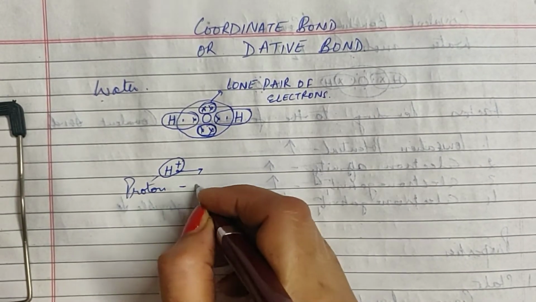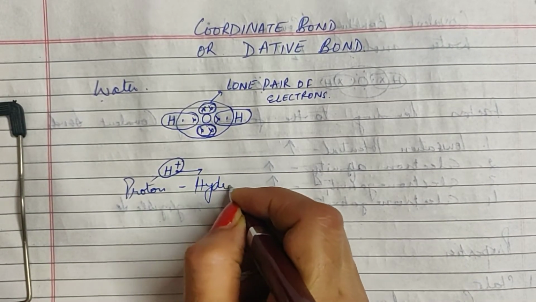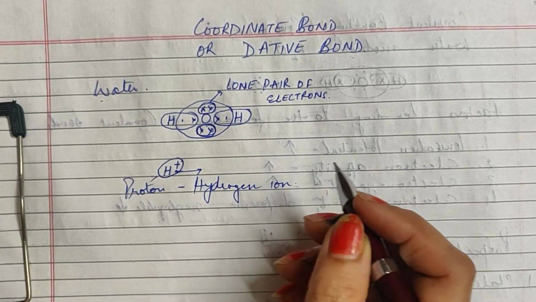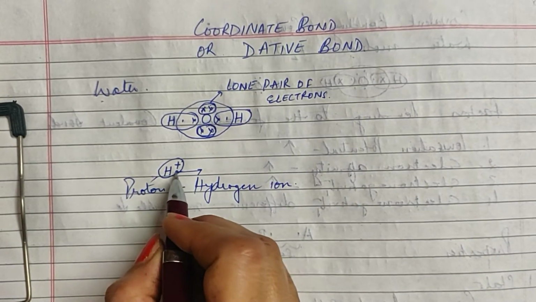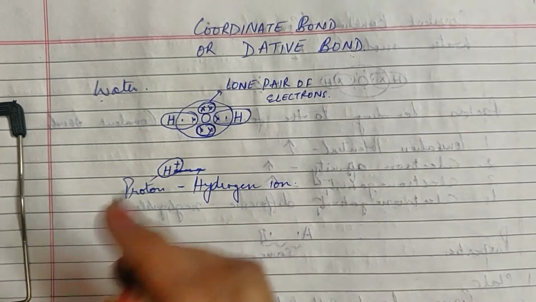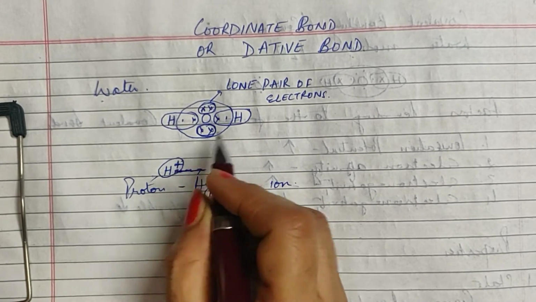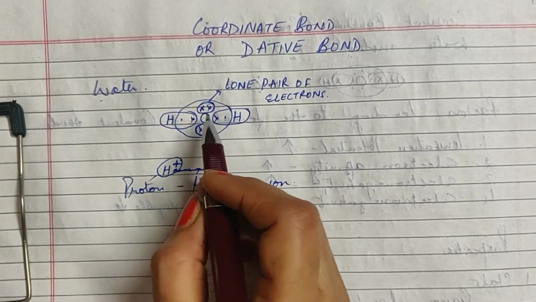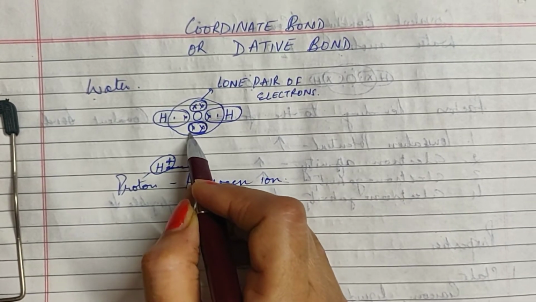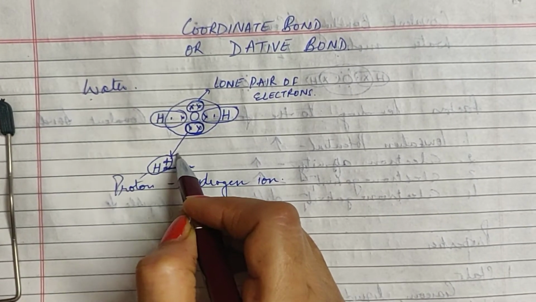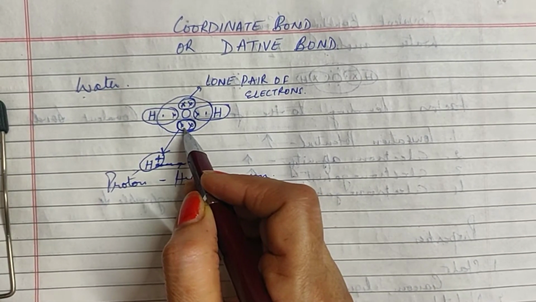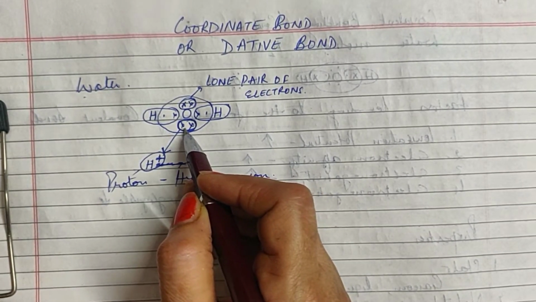Or a hydrogen ion. Hydrogen ion, because the only electron it had has been lost, it has gone somewhere with another atom. So this one has no electron at all. So if this hydrogen approaches the water molecule, the water molecule allows a pair of its lone pair to be used by the hydrogen ion without taking any electron from the hydrogen ion in return.